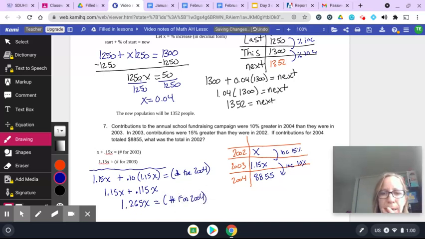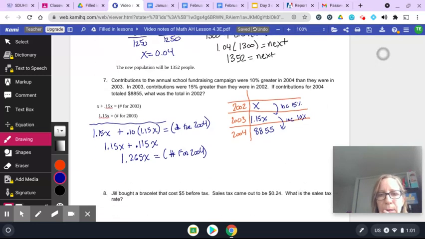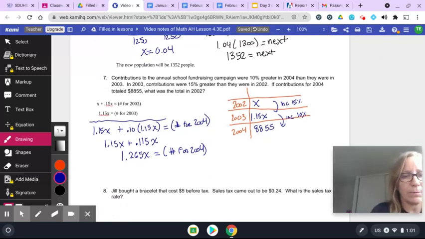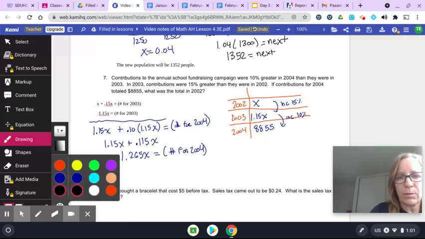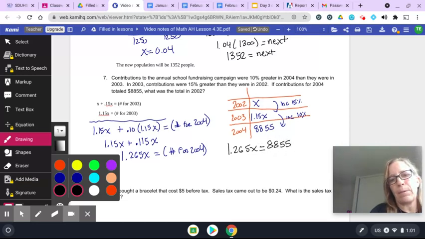So I know that has to equal 8,855. So finally I can get to my real equation. 1.265X is equal to 8,855. I'm going to solve that. I'm going to divide by 1.265. 8,855 divided by 1.265 is equal to 7,000.